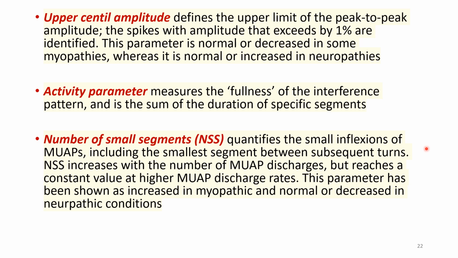That is the number of small segments. This NSS increases with the number of MUAP discharges, obviously, but reaches a constant value at higher MUAP discharge rates. Meaning, if all motor units are recruited, this NSS will be constant. This parameter has been shown as increased in myopathic and normal or decreased in neuropathic conditions. So we can know that this NSS is increased in myopathy and decreased in neuropathic conditions.